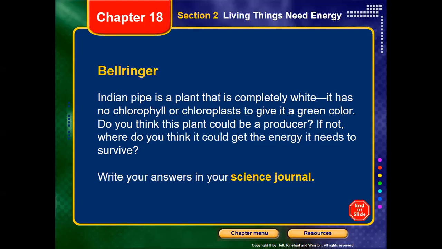Or it may feed on another living organism, or it may have a kind of relation with other living organisms to obtain its needs from. Yes or no? So mainly the idea of Farah is that this plant cannot make its own food by itself as a producer, because it doesn't have chlorophyll. So in that case, it must be in contact with or depend on other living organisms.